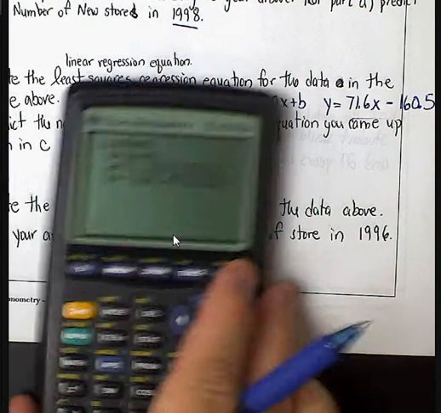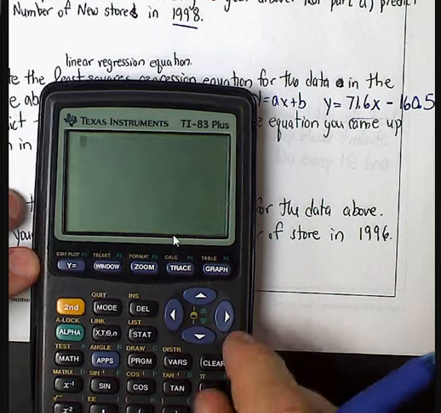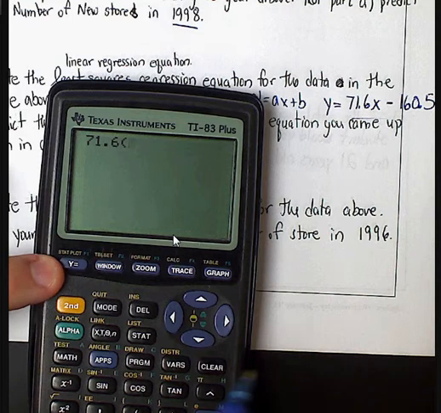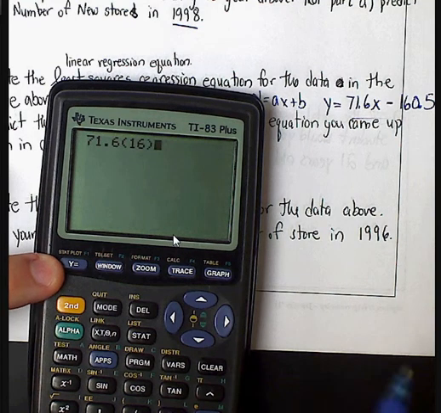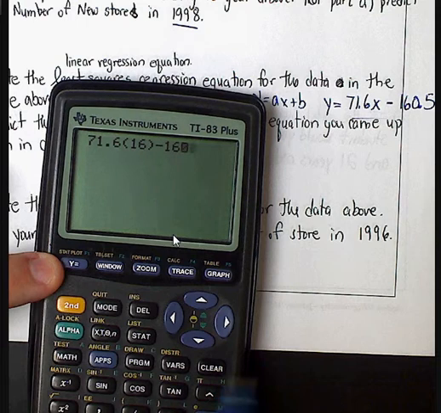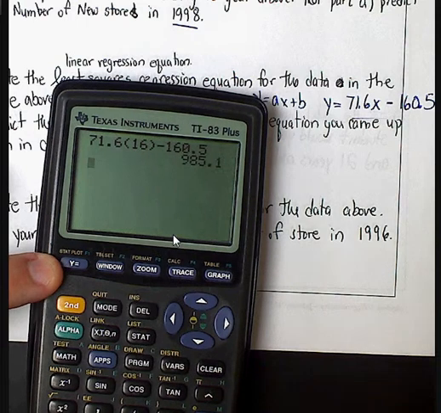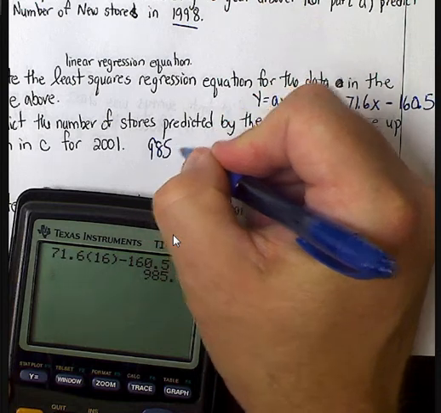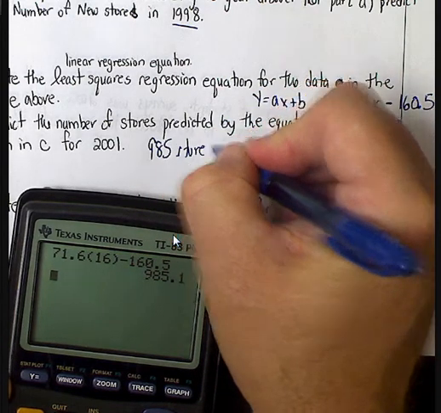So with your calculator, you're going to clear this out, and you're going to go 71.6 times x. Now x is going to be at 2001, which is 16, all right, minus 160.5, and it gets 985 stores.